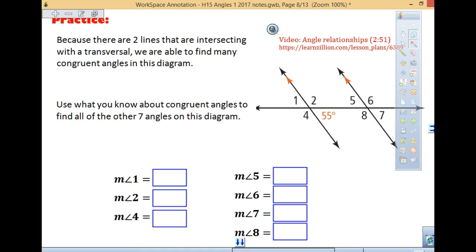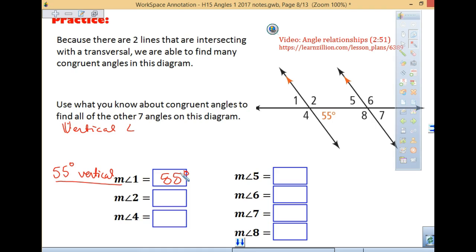Looking back at your definitions on the other page: corresponding, vertical, alternate interior, alternate exterior. For 1 with the 55, they are vertical. So if angle 1 with the 55 degrees are vertical, that means this has to be 55 degrees, correct?